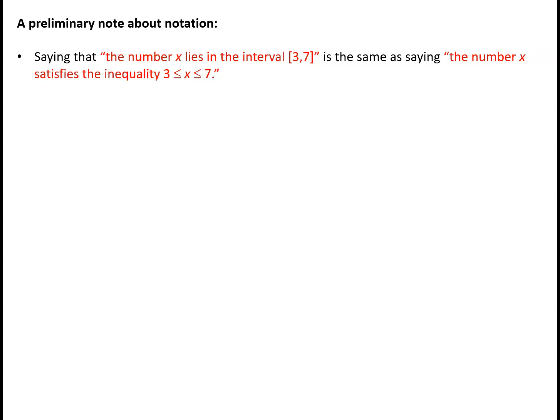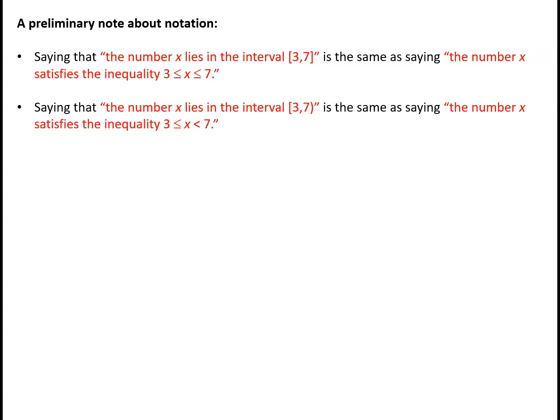To say that the number x lies in the interval [3, 7] is the same as saying the number x satisfies the inequality 3 ≤ x ≤ 7.